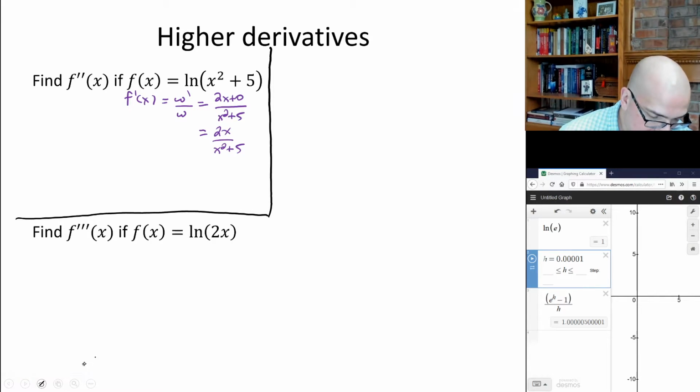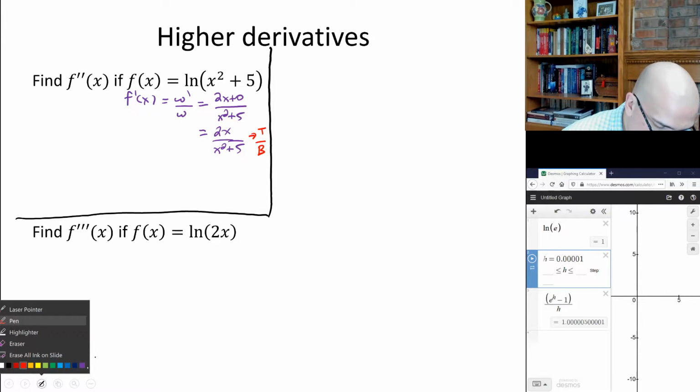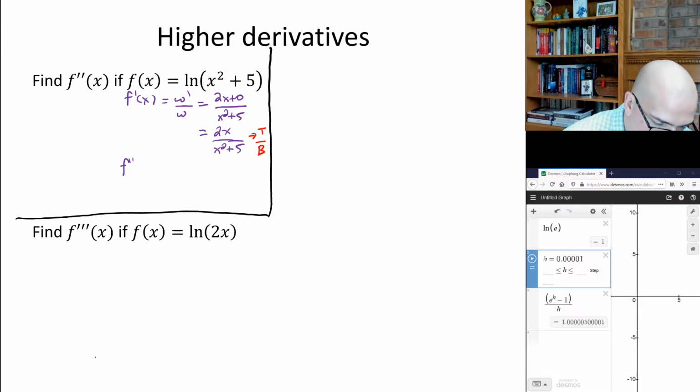Now we need to find the second derivative. So the second derivative, we have a top function over a bottom function. We're going to need the quotient rule. So f double prime of x will be bt prime minus tb prime all over b squared.